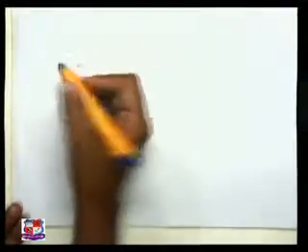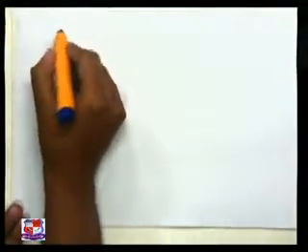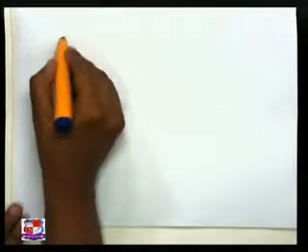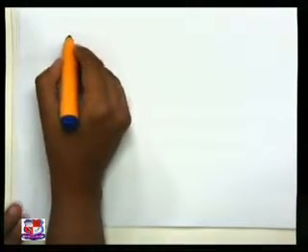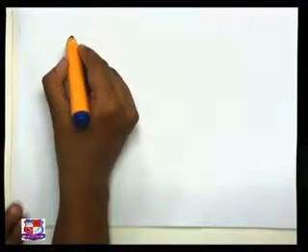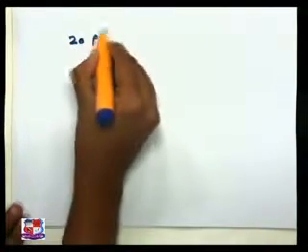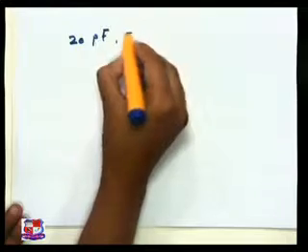Let's take another example for the same junction capacitance, that is the transition capacitance of a varactor diode. It says that the junction capacitance of an abrupt junction diode is 20 picofarad at 5 volt.